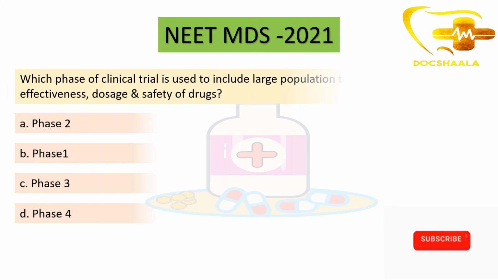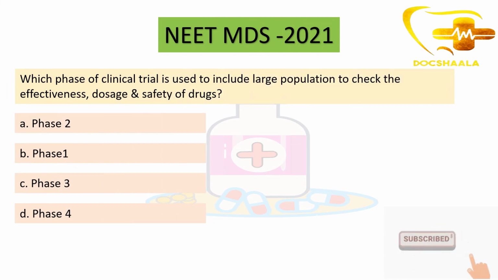So coming back to the question, which phase of clinical trial is used to include a large population to check the effectiveness, dosage, and safety of the drugs? So here is the trick. In phase 4, what will we do?